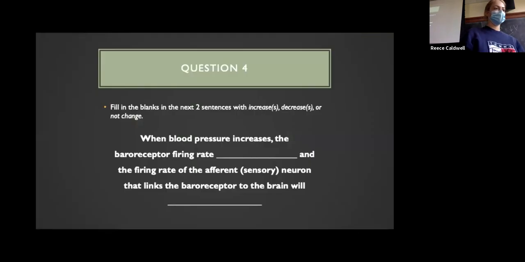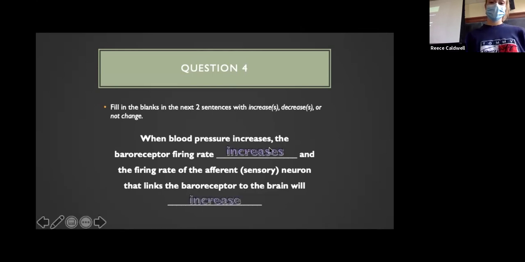So, moving on to question 4. Now we're looking at increases, decreases, or no change. We haven't looked at an example of a blood pressure increase yet. When blood pressure increases, the baroreceptor firing rate is going to increase as well. And the firing rate of the sensory neurons that link the baroreceptors to the brain will also increase.